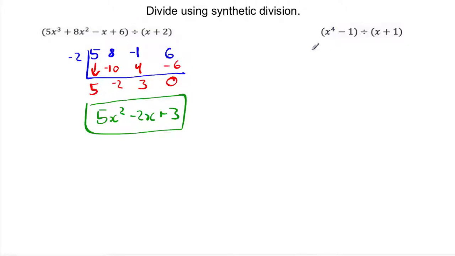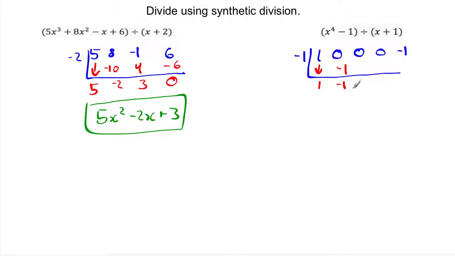Now this one looks more challenging than it actually is. On the outside, if x plus 1 is my factor, then negative 1 is my 0. And I have 1x to the fourth, 0x to the third, 0x squared, 0x, and finally a negative 1 as my constant. Bring down the 1. I multiply to get negative 1.